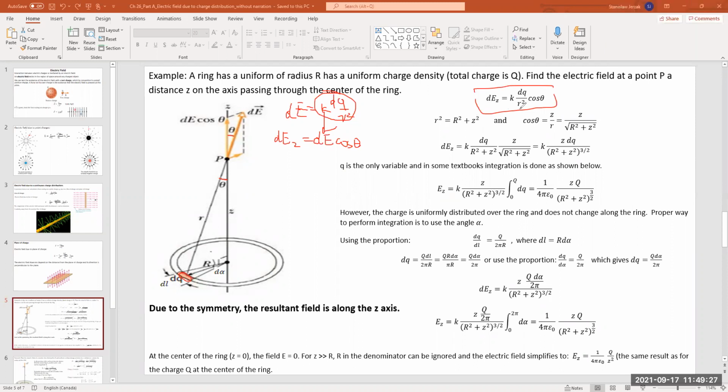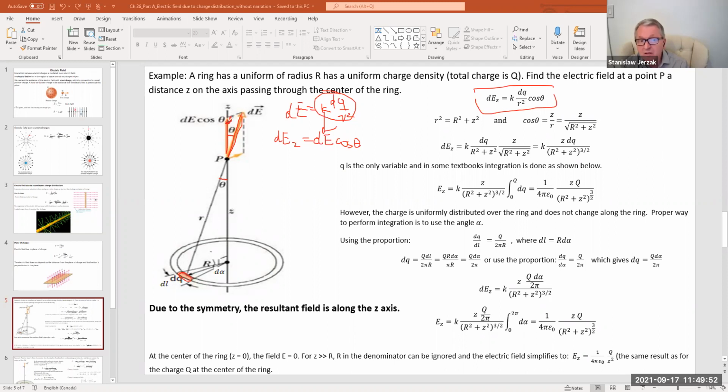Yeah, I'm just still a little unsure why it's cos. I just don't see how. Yeah, because this angle here is 90 degrees. And dE, which is this, is the hypotenuse in the triangle. And this is dEz, adjacent. Okay, this is 90 degrees.